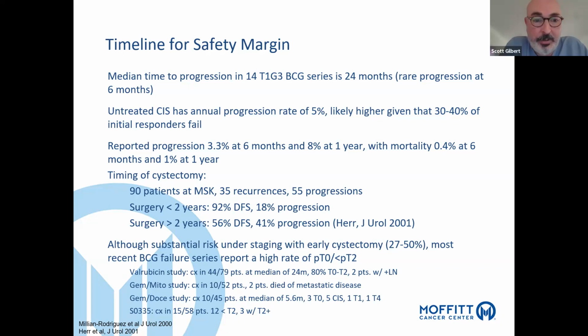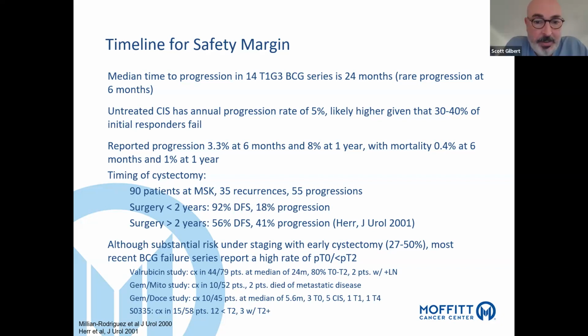If surgery was performed within 2 years, disease-free survival was 92%. I think that's 5-year disease-free survival. And there was an 18% risk of progression to metastatic disease. If surgery was delayed beyond 2 years, there was a significant reduction in disease-free survival and much higher risk of progression to metastatic disease.